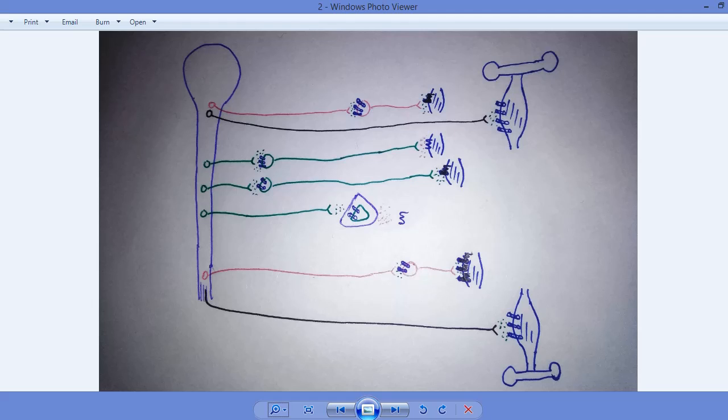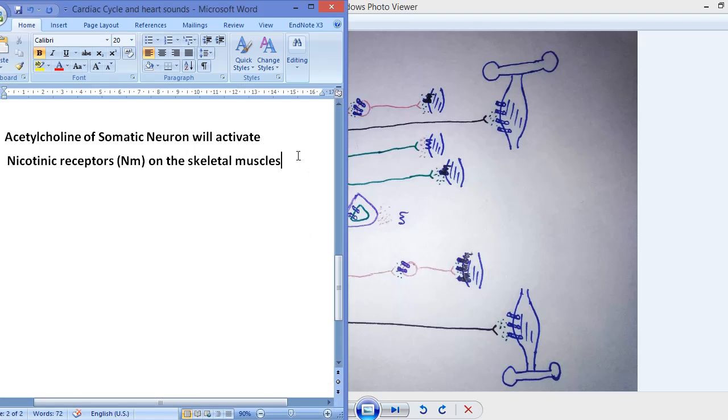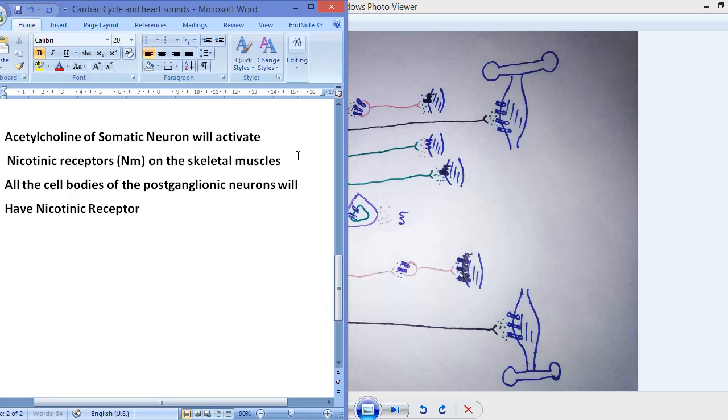So all the cell bodies of the postganglionic neurons will have nicotinic receptors, and these nicotinic receptors are called NN, capital N and small n.